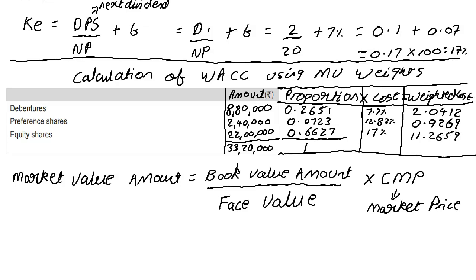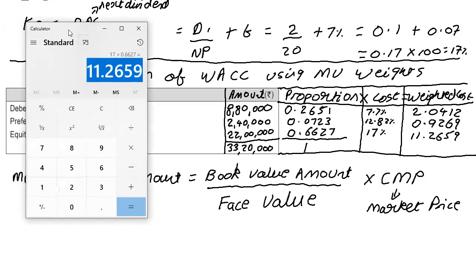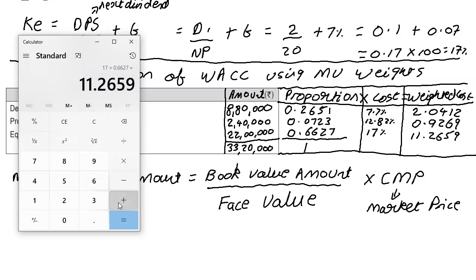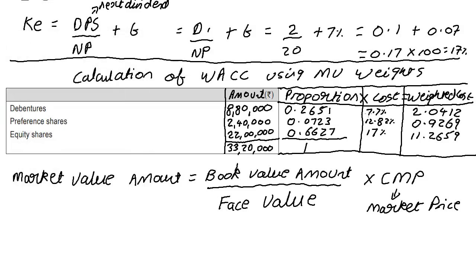Now that I have all of them down, I can start adding. 11.2659 plus 0.9269 plus 2.0412. Okay, so we end up with 14.23%.